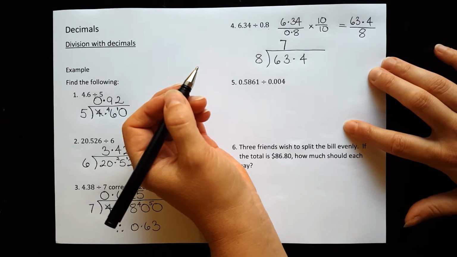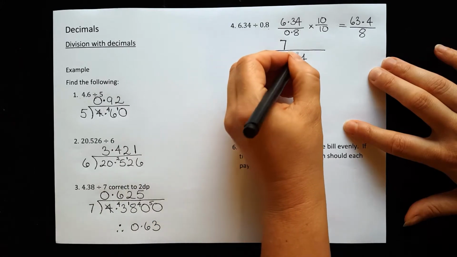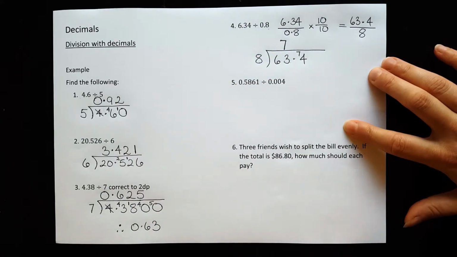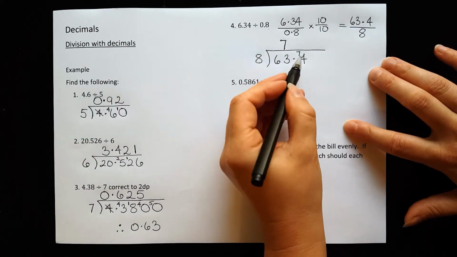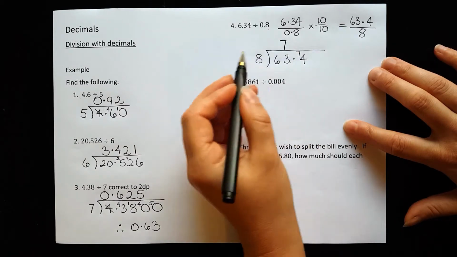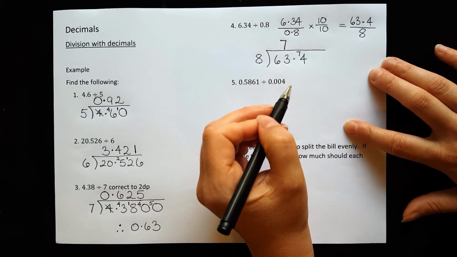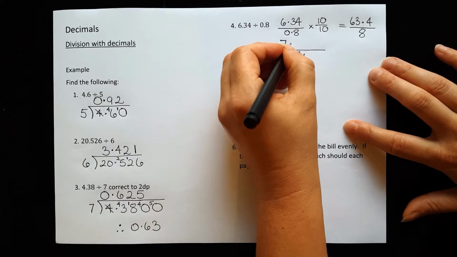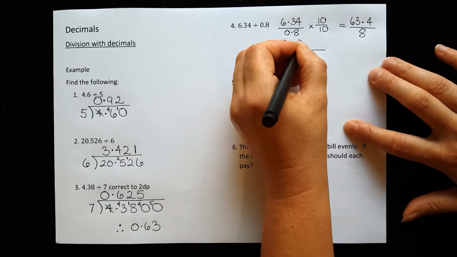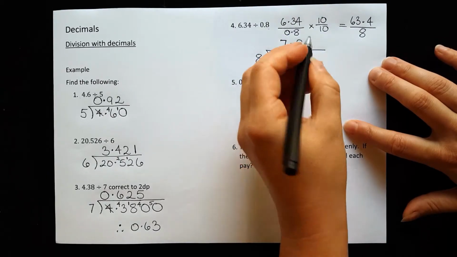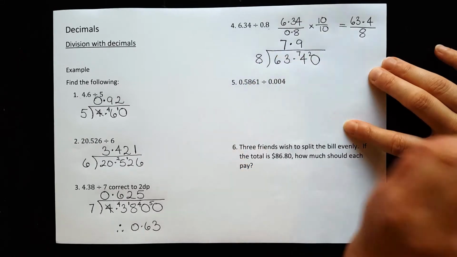So that's going to give me a remainder of 7. Okay, so then I want to do 74 divided by 8. Okay, 8 times tables. 8 times 9 will give me 72. So I can put the decimal point in, and I can go 9 times. If it was 72, I have a remainder of 2.